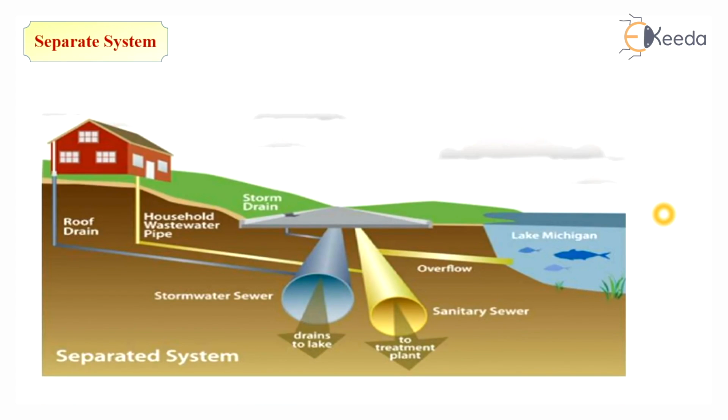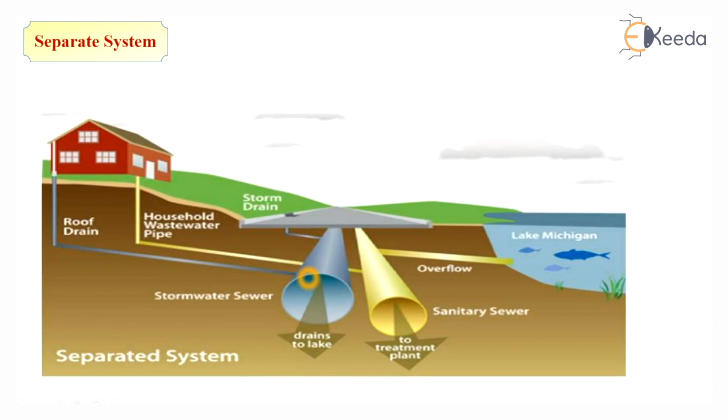So, you can see the separate system. In this system, we provide two sets of sewers. One is for conveyance of foul sewage from the household and the second is for conveying stormwater collected from the roofs and the road.